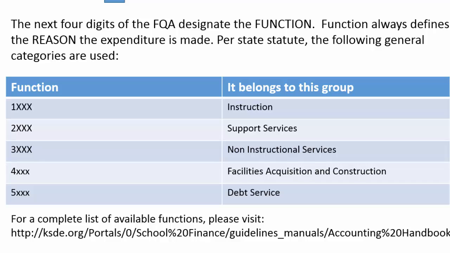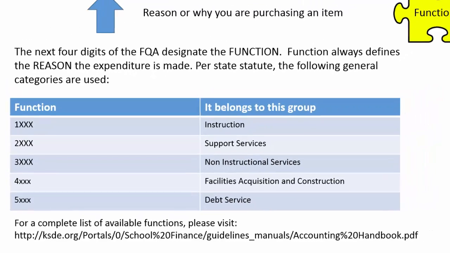That may include student support, instructional support, general administration, support services, etc. 3s are non-instructional functions. For example, food service may fall in there. Facility acquisition and constructions always have functions that start with 4, and debt service functions always start with 5.